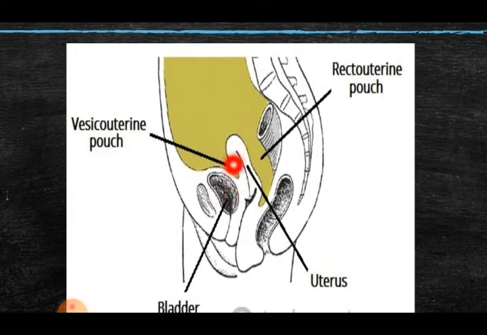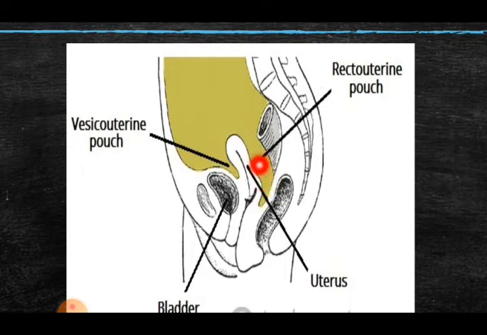Behind or posteriorly there is another pouch formed that is between the uterus and the rectum. When the perimetrium covers or folds back onto the rectum, then it forms the recto-uterine pouch or pouch of Douglas. So these pouches are the spaces where the fluid can accumulate very easily.